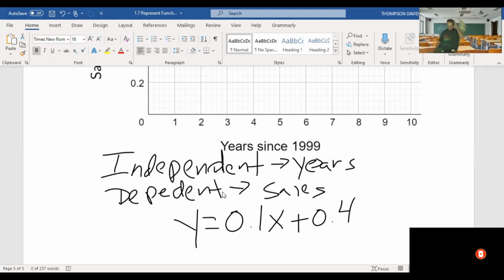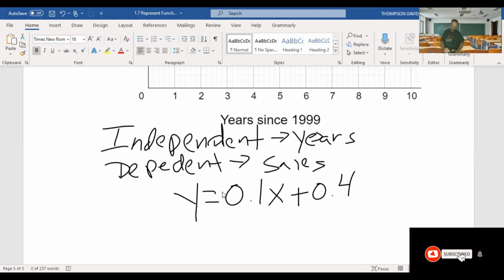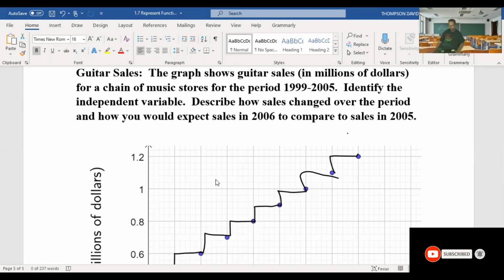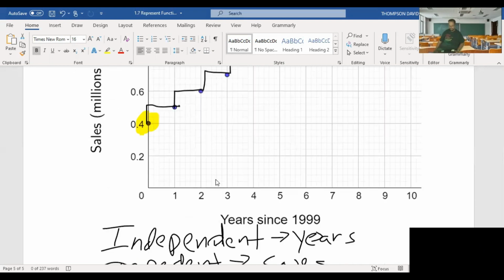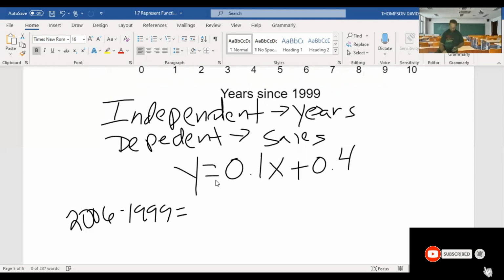Now, we're talking about years since 1999. So we were asked about what do we expect the sales to be in 2006. So 2006 minus 1999 should give me 7. So all I have to do is plug in 7.